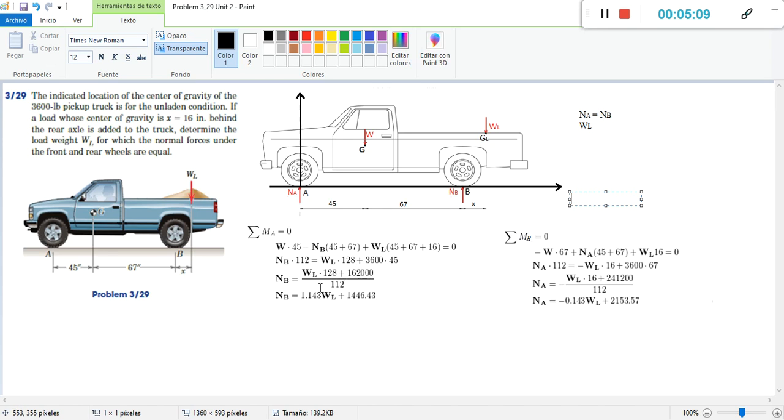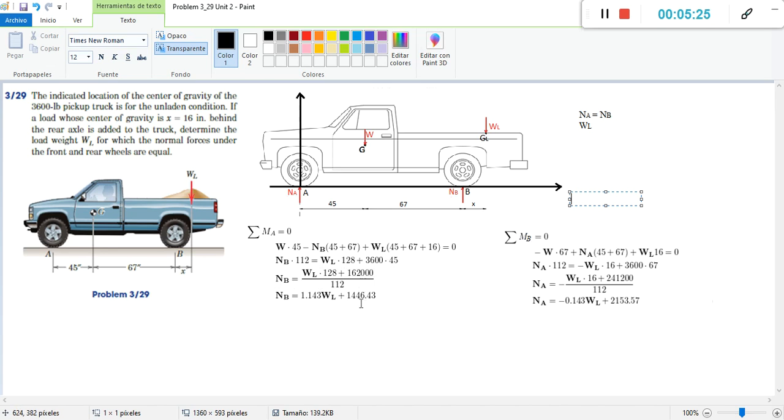Then we pass this distance, 112, which is multiplying NB, to the right side, where it divides the whole equation.